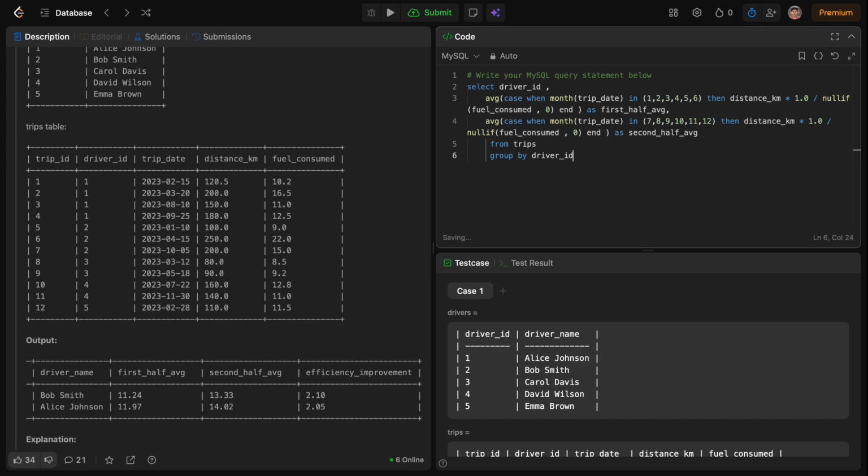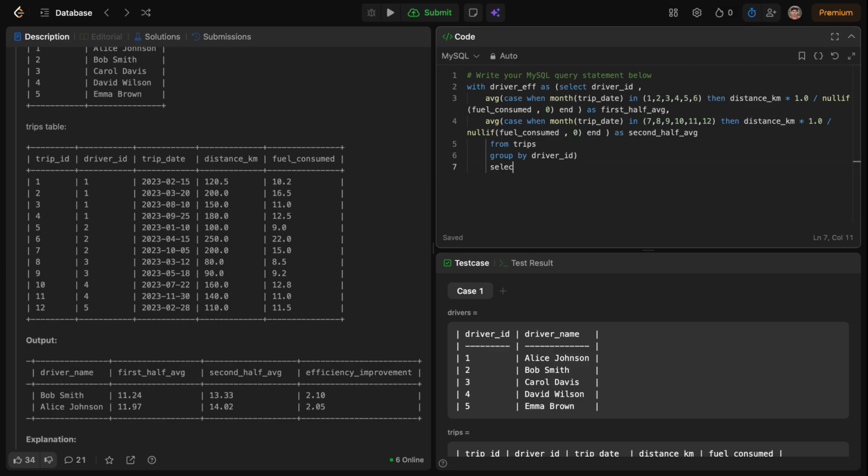We have three columns: driver ID, and for each driver ID the first half average and the second half average. For making this efficient, I am going to make this a temporary table with the name driver efficiency. Now let's move further to get the required output.